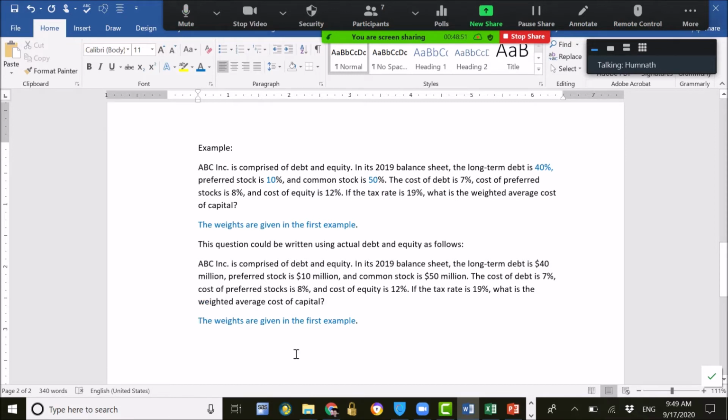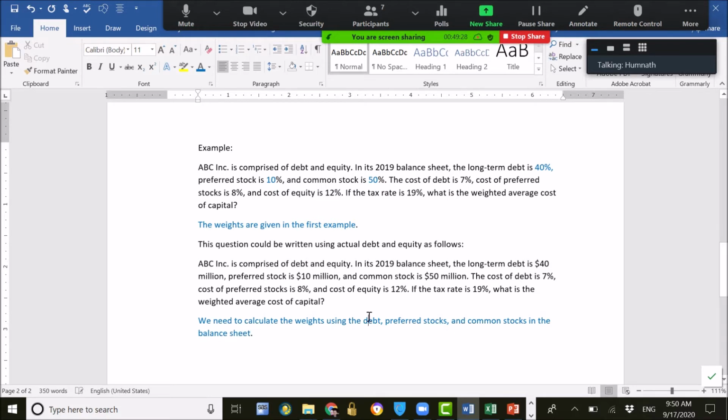So we need to calculate the weights using the debt, preferred stocks, and stocks in the balance sheet.